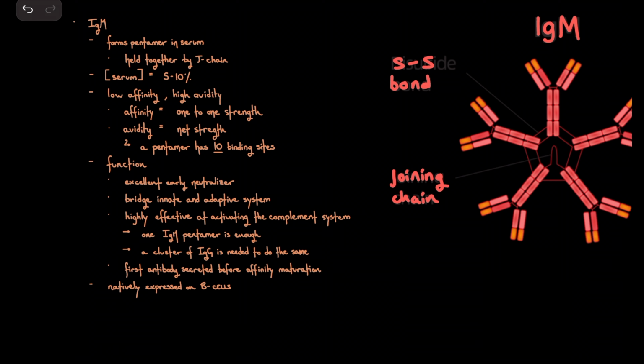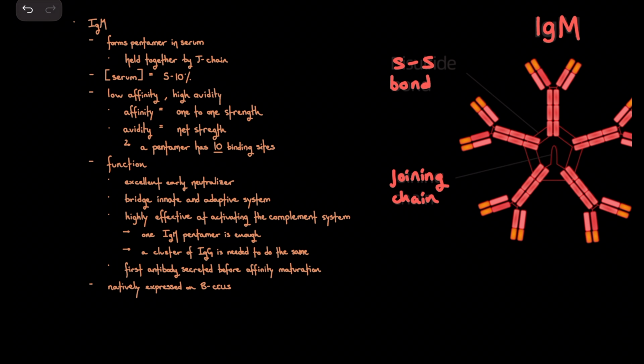All right. Function, it's an excellent early neutralizer. Really great at activating the complement system because of that high avidity. So one of these IgM pentagons is enough to get the complement system going, where you need more IgG to do the same. Because of that high avidity, we can get it done in one shot. It's the first antibody secreted before affinity maturation.